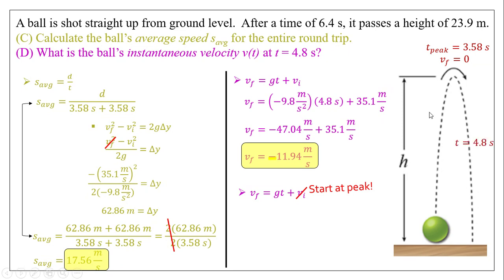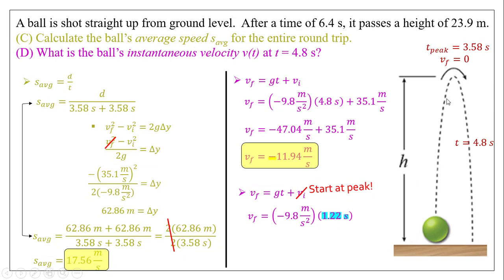So I think it just takes a little bit of thinking. Well, 4.8 seconds would put me on my way down. But if at the peak it's already 3.58 seconds, for the fall from 3.58 seconds down to 4.8, all you have to do is take the difference in the time. So therefore, my work here for g, I put negative 9.8 because it is. t though is 1.22. The 1.22 comes from taking 4.8 seconds, subtracted from the time it took to get to the peak.